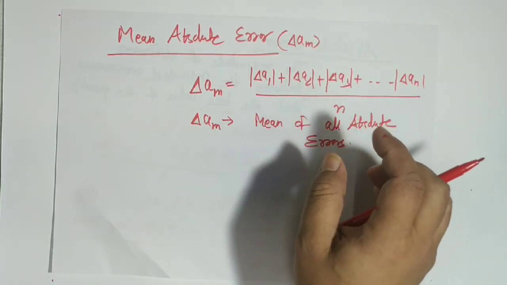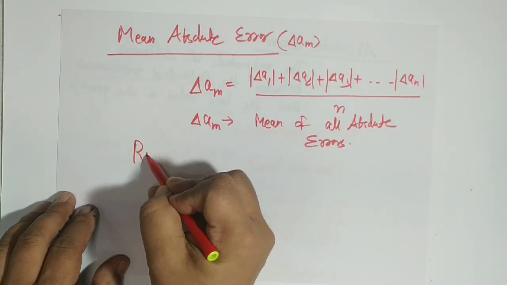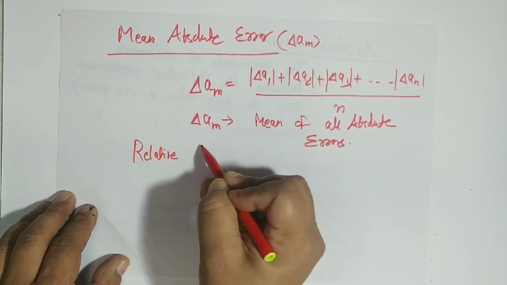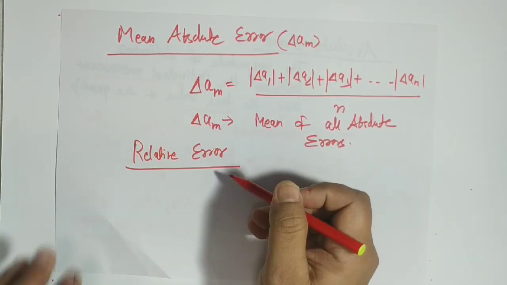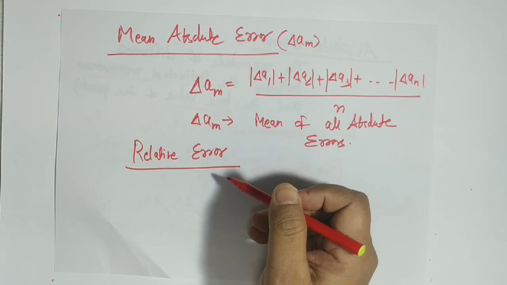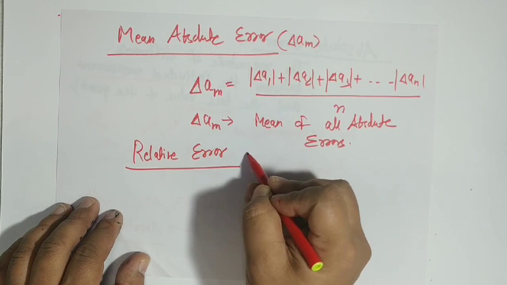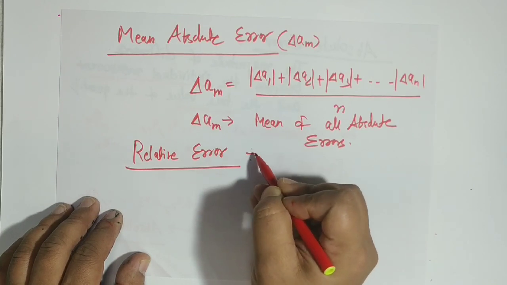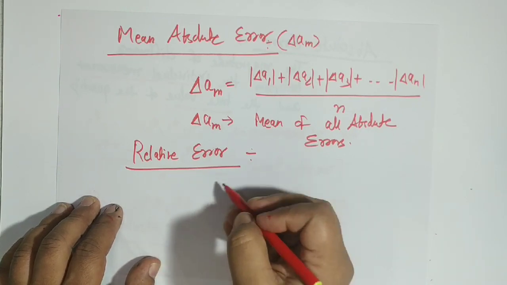Then comes a very important term, relative error. One thing is related to the other. In Ohm's law, voltage is related to the current. Resistance is the ratio of voltage and current, so they are related. If there is a problem in the current, there will be a problem in the voltage. So what is relative error?